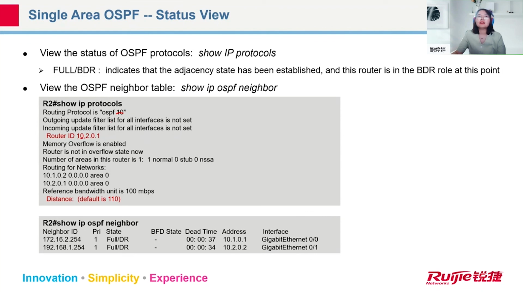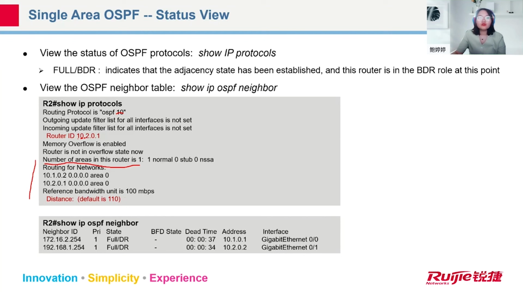This is my router ID. Number of areas in this router is one, only one normal area. And for the routing information for networks, we have 2 networks from area 0. And the reference bandwidth unit is 100 Mbps. And the distance is 110.